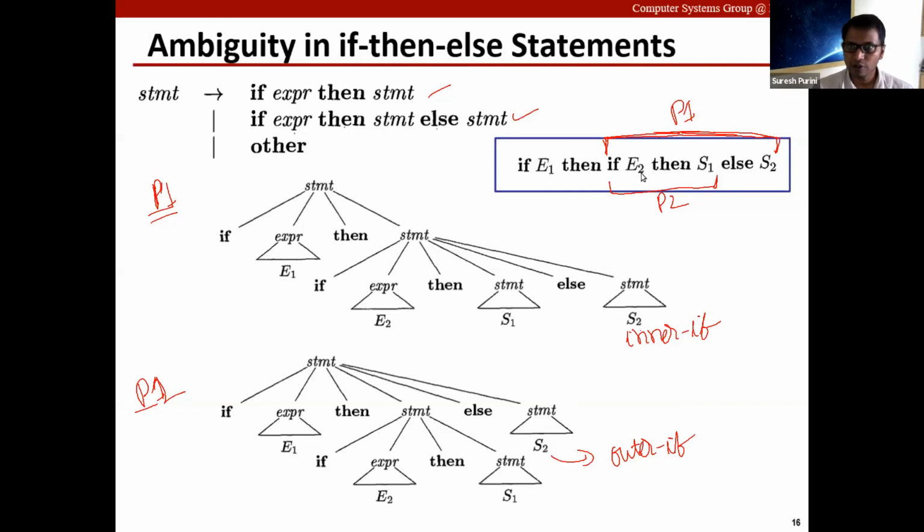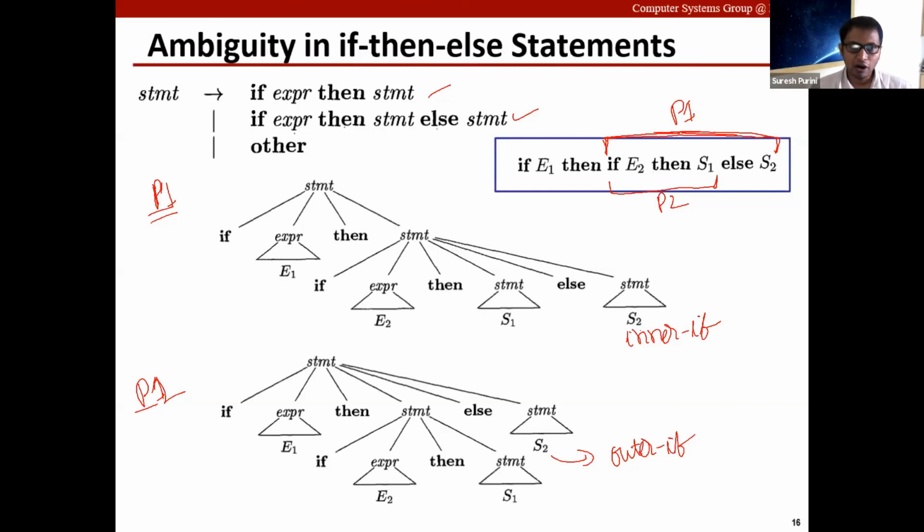So the preferred parse tree is P1 as against P2. S2 will be matched to the closest if, that is the inner if, in this case parse tree P1. So parse tree P1 is the preferable parse tree as against P2.